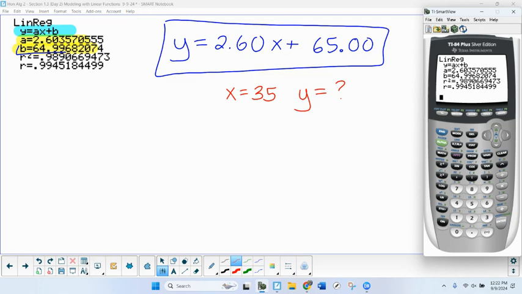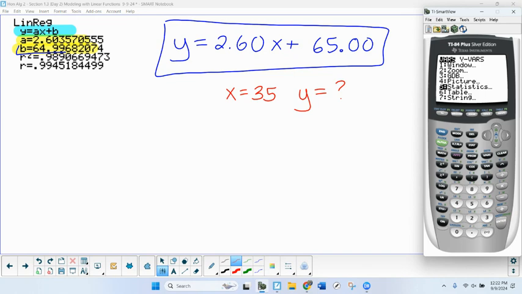Now, to paste the regression equation on your graph, go to y equals. I want to paste that whole equation, not rounding any of the decimals. This is the one that everybody always gets a little confused on. Go back to y equals. Vars. Which in here looks like something we're working with right now? Statistics.